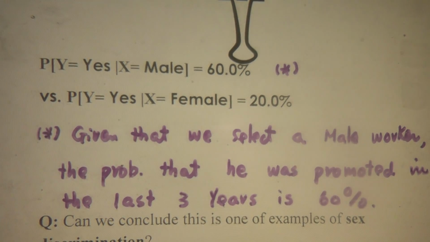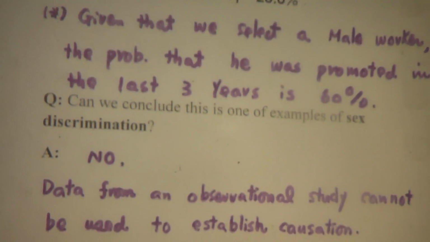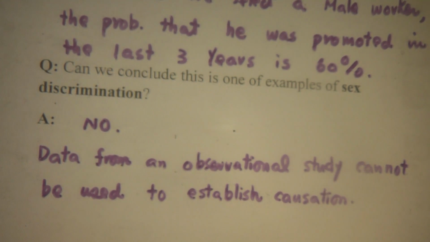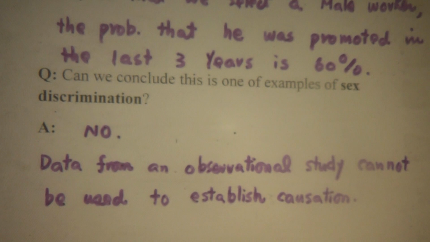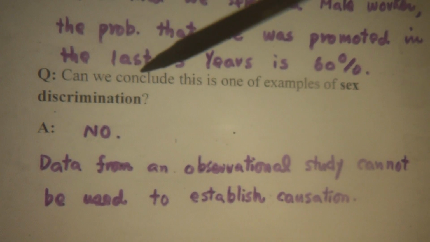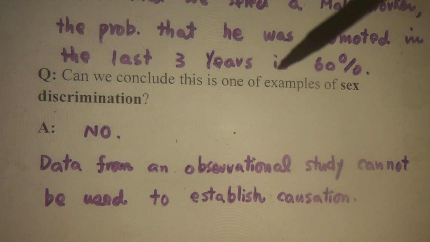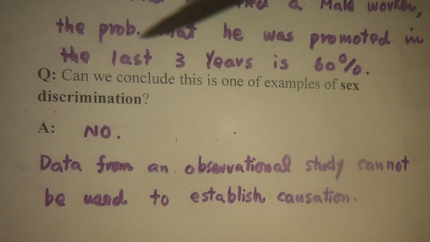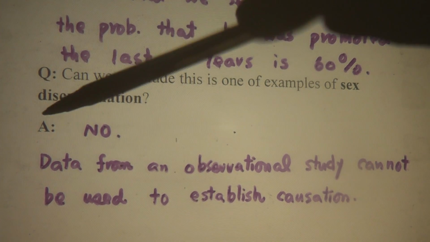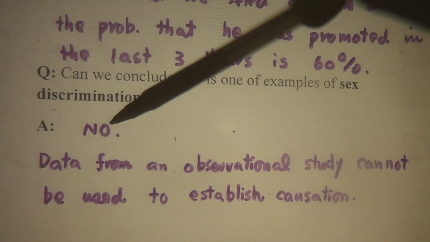From this observation, can we say there's sexual discrimination in the company? Now let's look at this question. Can we conclude this is one of the examples of sexual discrimination? The answer is no. Why do we say no?